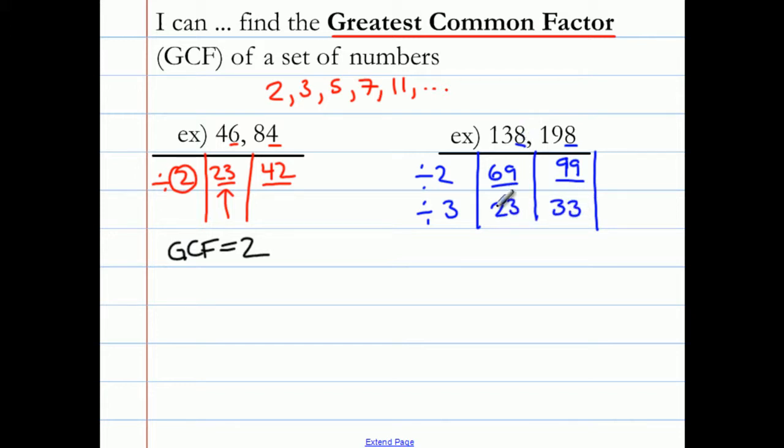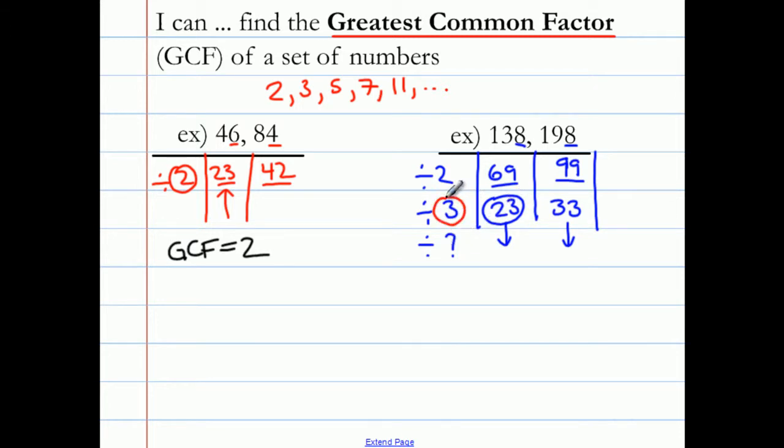I would try to take this further if I could and keep dividing by prime numbers, but it turns out that 23 is prime itself, so I can't go any further with that. If I divided 23 by some other number, I would end up with a decimal.